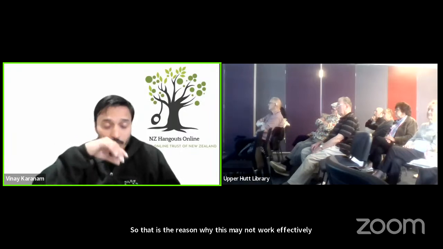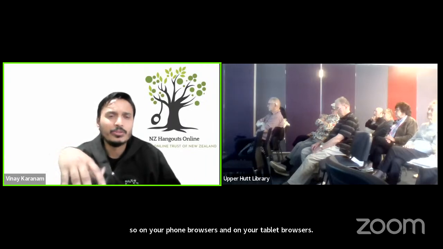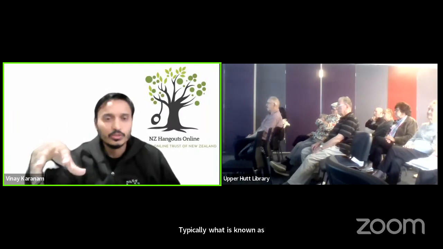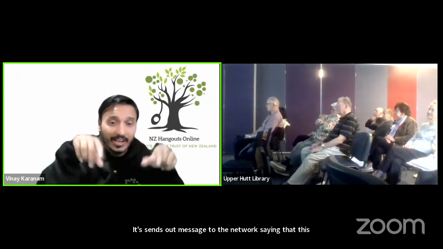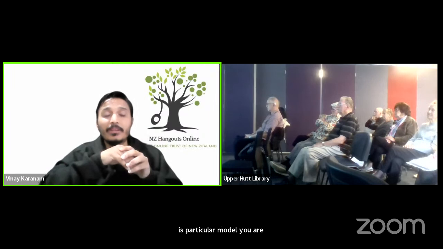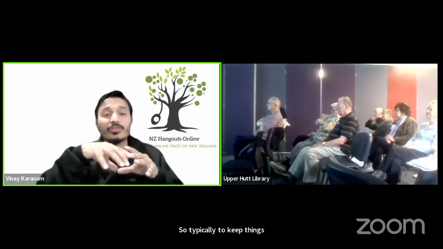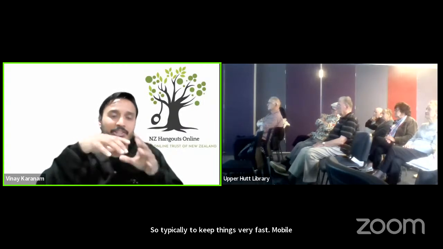On your phone browsers and on your tablet browsers, typically what is known as MWeb is enabled, which is the mobile version. Based on what device you use, it sends out a message to the network saying that this is the particular model you are using, and because of that, it sends you data in such a format that it is very difficult for an extension to work. So typically, to keep things very fast, mobile phones do not generally permit extensions to run.